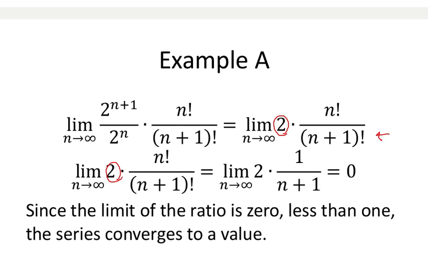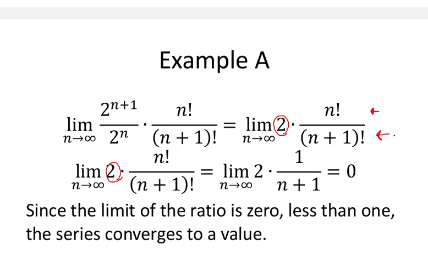What you notice here is that this denominator is going to grow much more rapidly than the numerator, because the factorial function has very high growth. So this n plus 1, as n becomes larger towards infinity, this denominator is also going to approach infinity, much more so than the numerator.